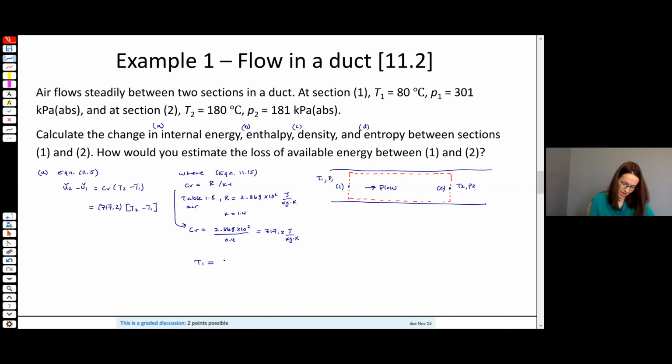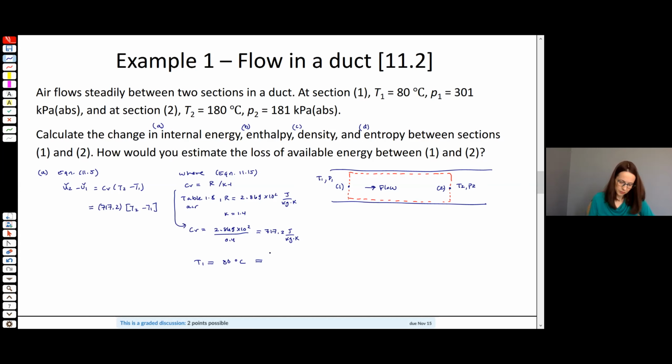T1 is equal to 80 degrees Celsius, but we cannot use Celsius temperature in any of our thermodynamic relationships. We can't use it in the ideal gas law. We can't use it in any of the equations we've just derived. We must always use absolute temperature, right?